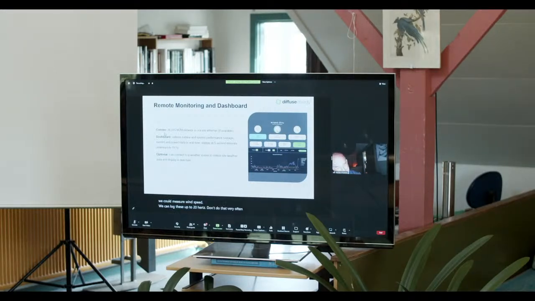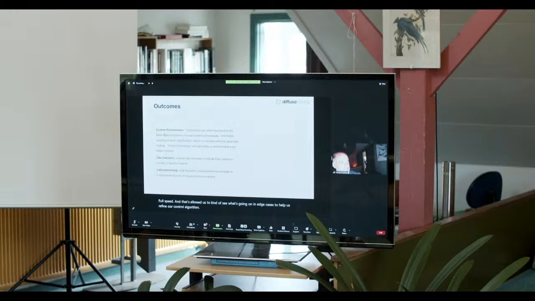It's usually only when something exciting is happening. The dashboard will display information at about 2-second intervals, but we can download the data at full speed. And that's allowed us to see what's going on in edge cases to help us refine our control algorithm.